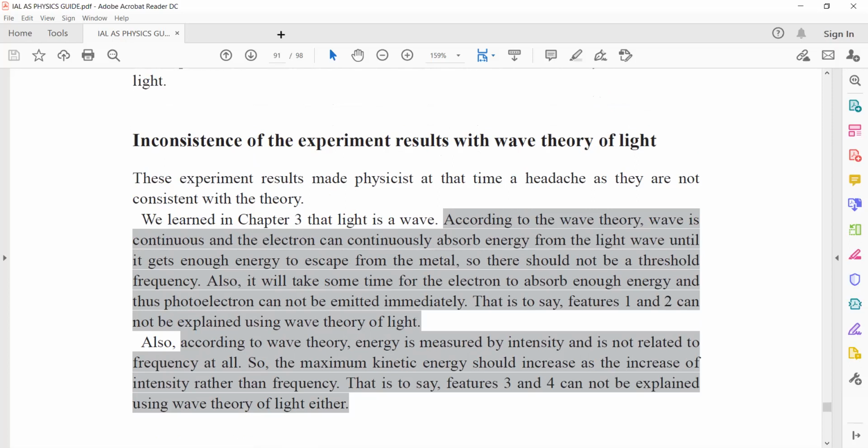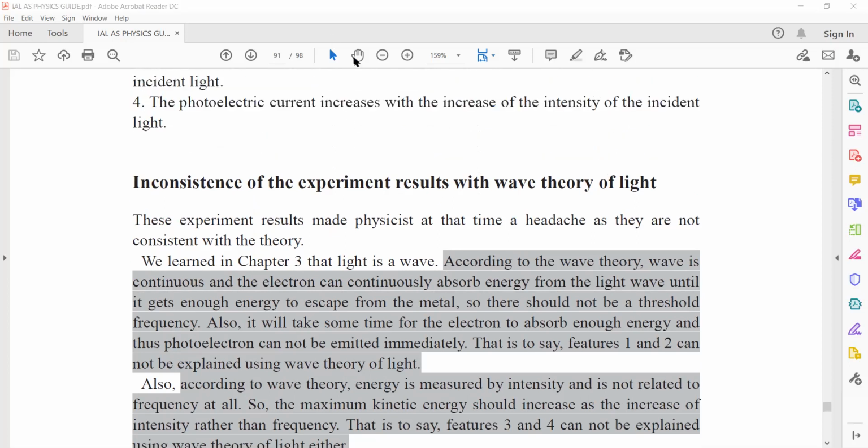So if we have a metal surface and light falls on it in the form of a wave, there should not be any work function. The electron continuously absorbs energy until it has enough energy, and then it should come out. According to wave theory, this should happen.